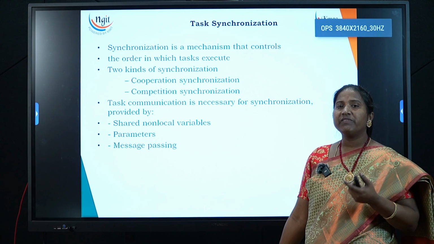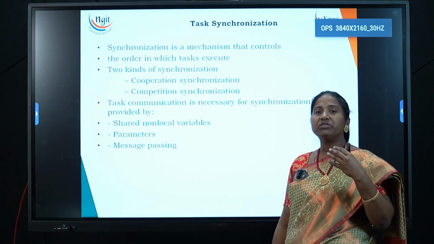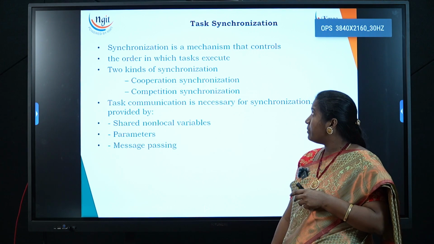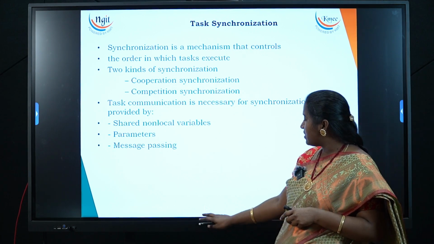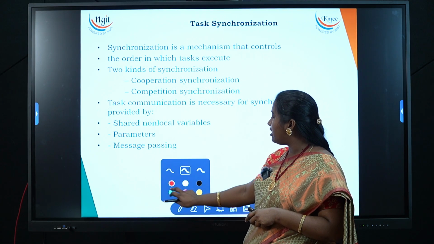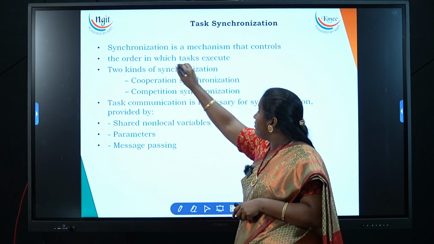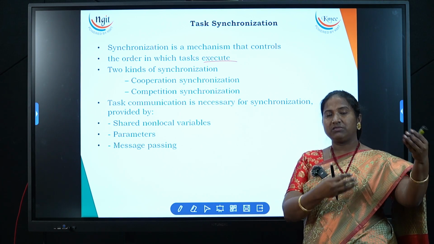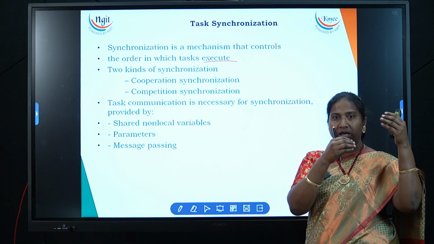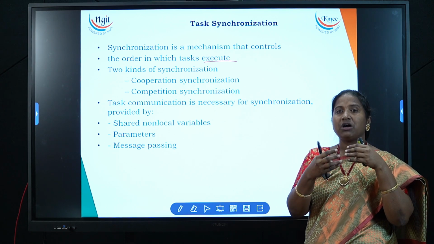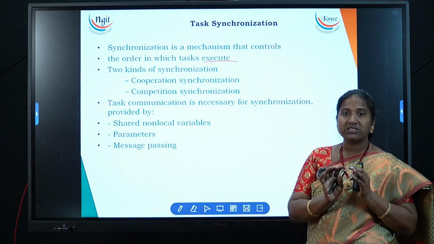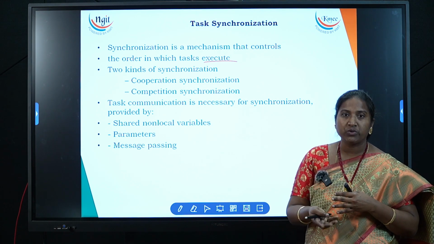Now, when you are given a task, how do we execute it? Here synchronization matters. Synchronization is a mechanism that controls the order in which tasks are executed. There should be a parameter by which we execute the task; when we have a process to execute, we should know how it is going to execute.